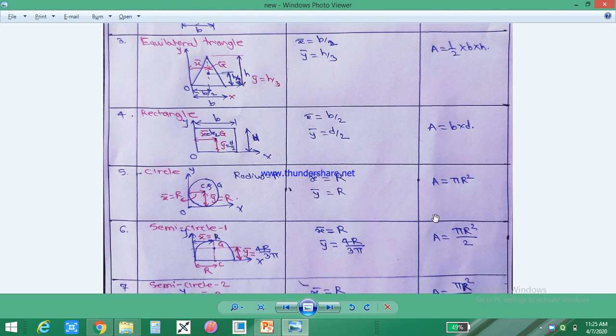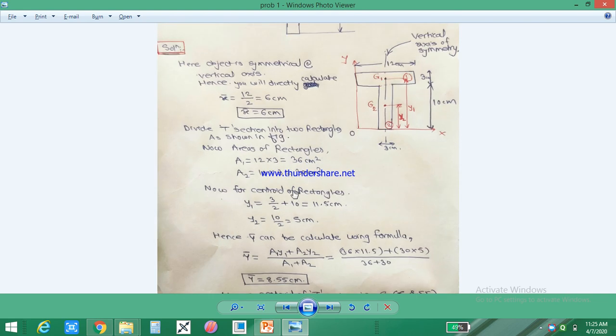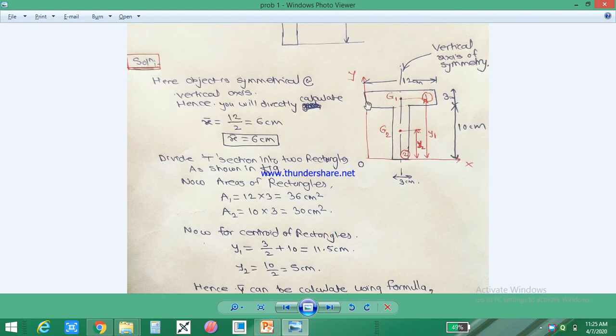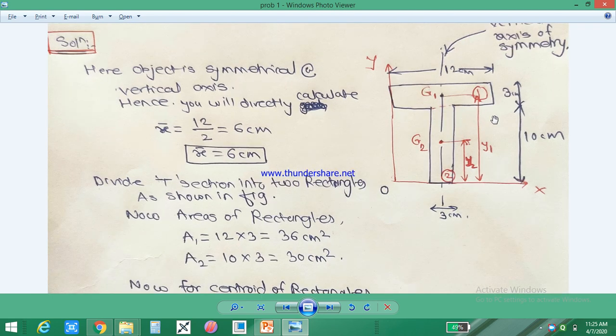I have uploaded this video also, you can see it. Y1 is the distance of this G1 from the x-axis. Keep in mind that y bar is the distance from the x-axis and x bar is the distance from the y-axis.